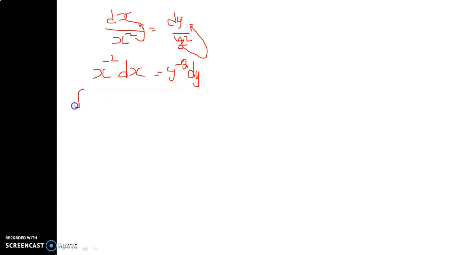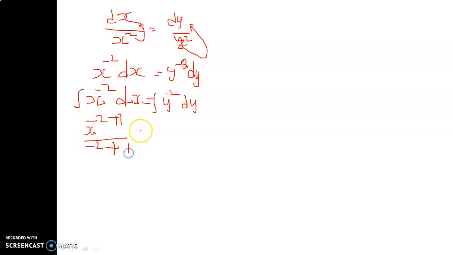Upon integrating this, integral of x power minus 2 dx is equivalent to integral y power minus 2 dy. So integral of x power minus 2, I will get x power minus 2 plus 1 by minus 2 plus 1.